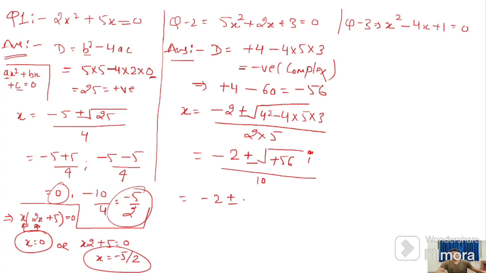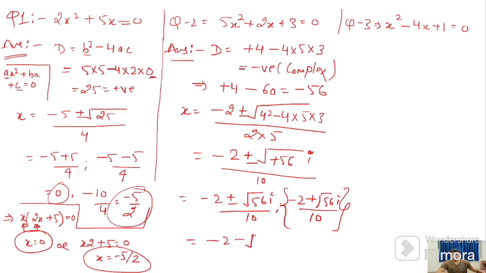No, we don't, so don't split it. We can write it as root 56 iota divided by 10. Separating the roots, minus 2 plus root 56 i divided by 10 will be our first root, and the second root will be minus 2 minus root 56 i divided by 10. These are the two roots of question number 2.